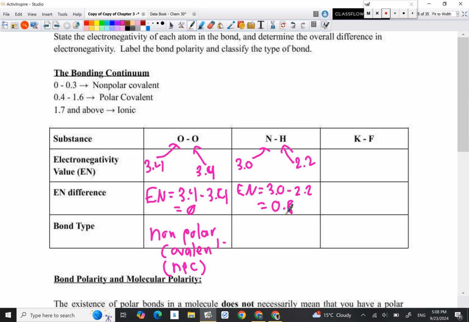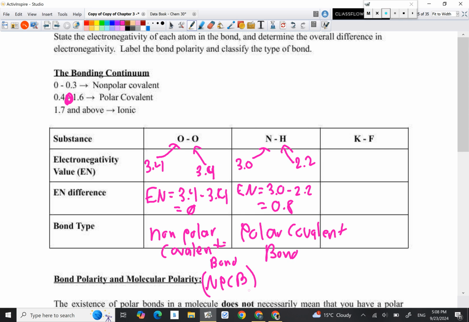Looking at our chart, this falls in between our 0.4 and our 1.6. So we call this a polar covalent bond. And I forgot to put the word bond here as well, so NPC goes to NPCB, non-polar covalent bond.